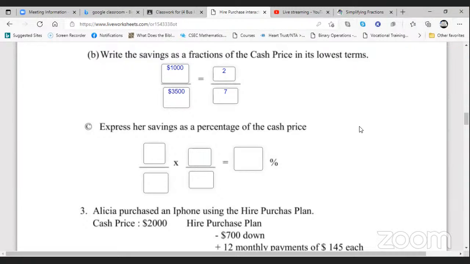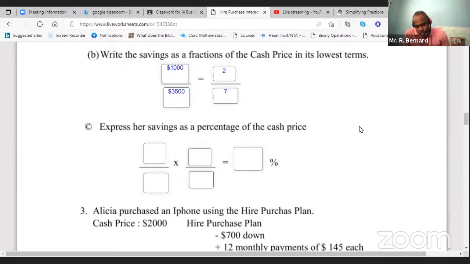How do you express her savings? You could do that too. Yeah, you can do that too, yeah. No, you have to do it too.